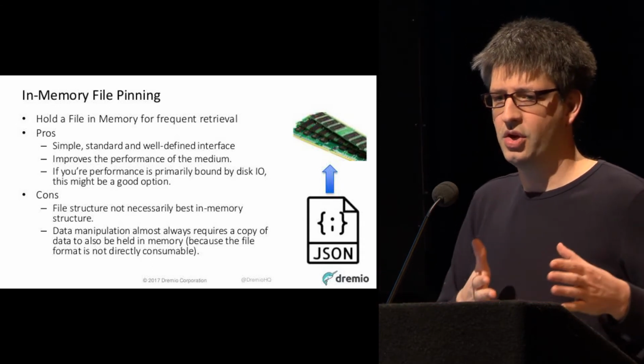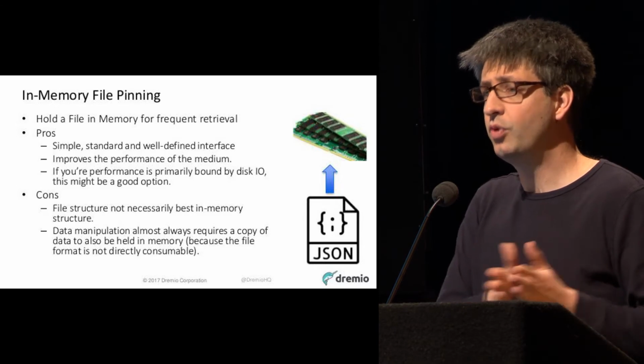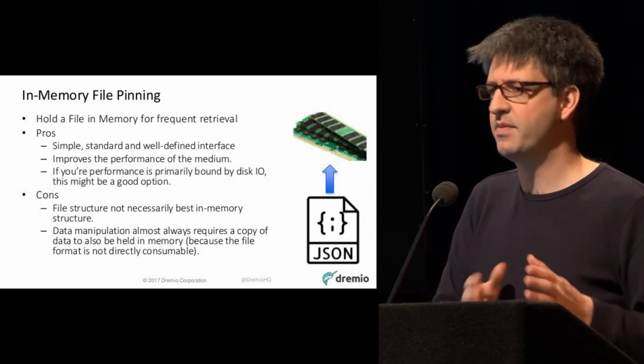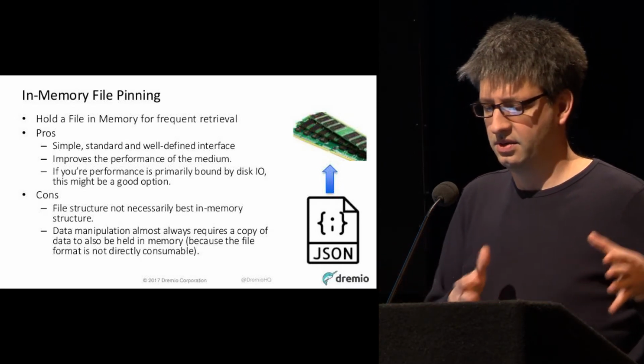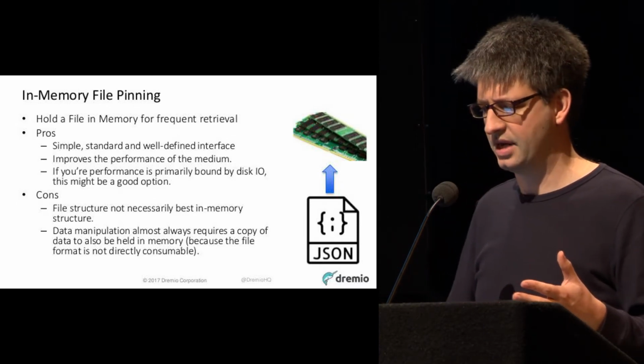And so you don't actually share a lot of benefit across different applications. You share throughput benefits, but you don't share memory management benefits. Everybody still has to make a copy of that data into their own representation. So it's good for some things, not as good for other things, but that's the one that most people think about when they think about caching.